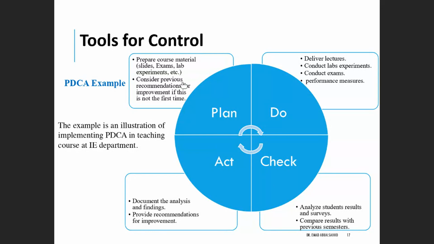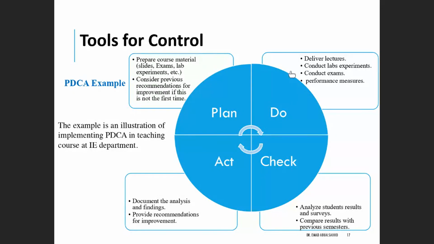The plan is you prepare, as an instructor, course material, the slides, the exams, the lab experiment sheets, and all other external materials and resources that need to be reviewed, all that you prepare as a plan phase. Consider the previous recommendation. If this is a permanent implementation of PDCA, as in our case, you consider if there was any previous implementation and any recommendation to be considered.